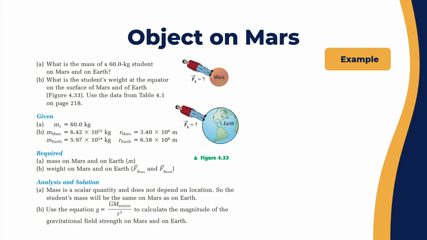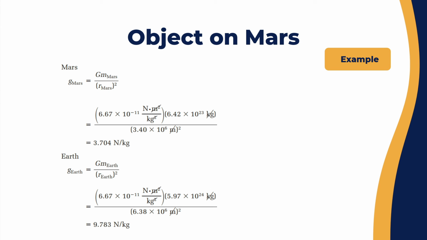Now, to find the weight on Mars and on Earth, that is different. So we have the equation g equals the gravitational constant times the mass of the source over the center distance squared. To calculate the magnitude of the gravitational field on Mars and on Earth, we do the analysis. For Mars, g Mars equals G times m over r squared.